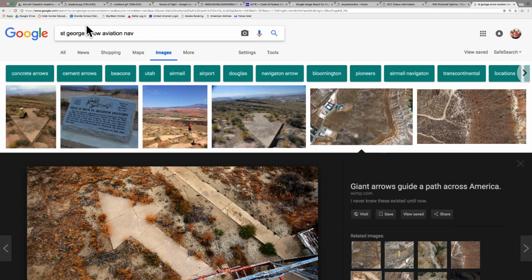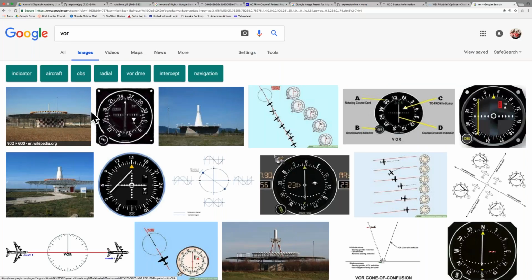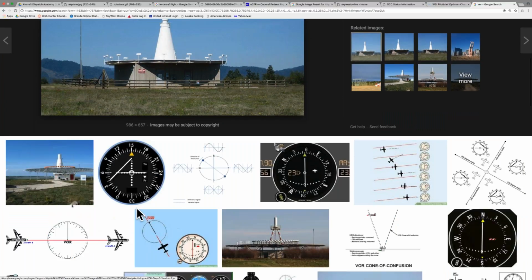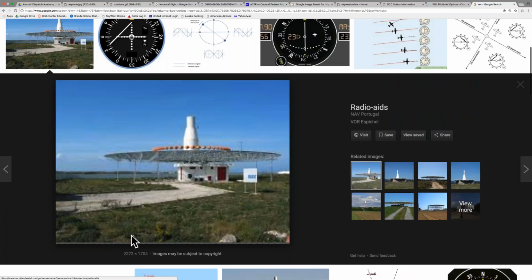Now, ground-based navigation looks something like this. This is what we call a VOR. We have different types of VORs.